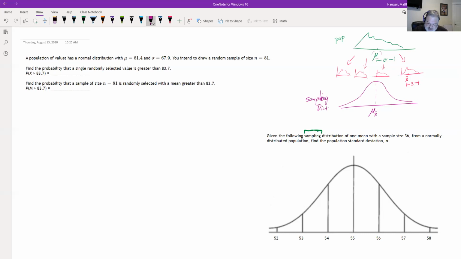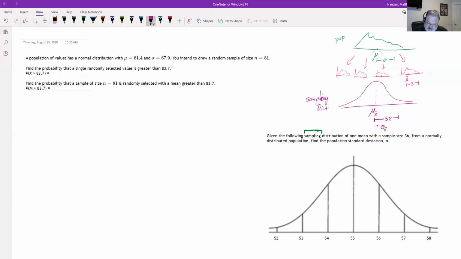It is an average of all these little means. If we average every mean that you could possibly take, we will get the mean of the actual population. And it has its own standard deviation, which we called standard error, or you could say standard deviation of the distribution of means, but standard error is handier.